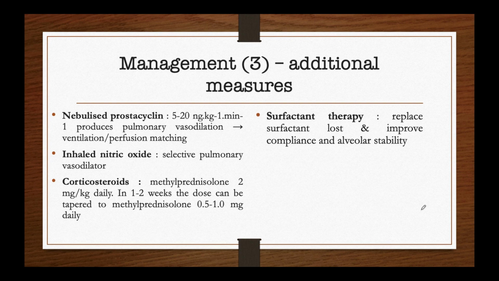And since they are denatured by the plasma proteins, we may give some surfactant to replace the lost ones, and so we give this with the hope of improving the compliance and the alveolar stability of the lungs. It's also going to help us to decrease the fluid which is found in the lungs.